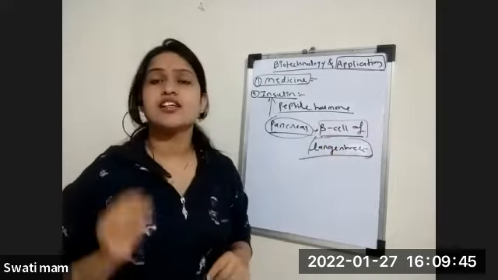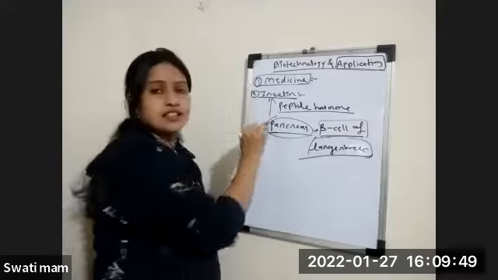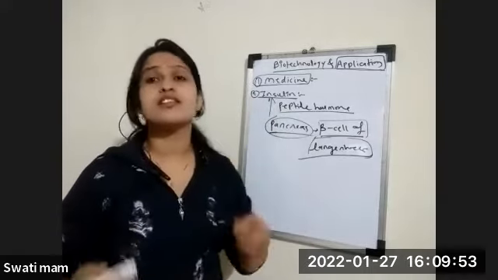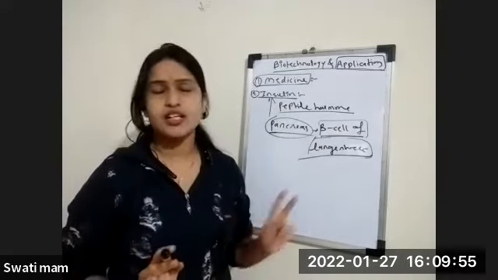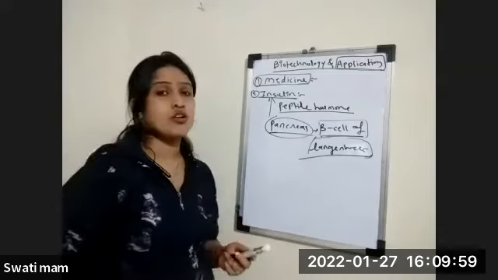Which cell? It is the beta cells of Langerhans of the pancreas that secrete insulin, and it is normally synthesized in your body, because this is the normal metabolism of synthesis of insulin.